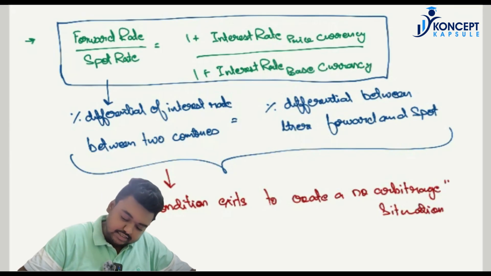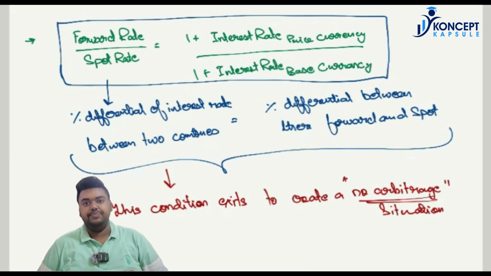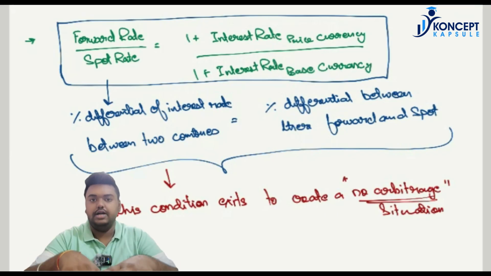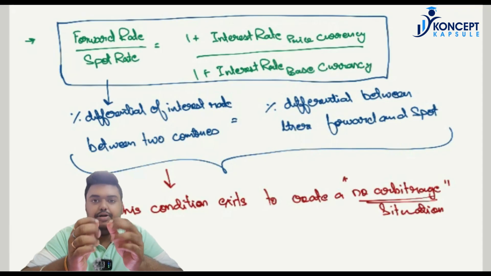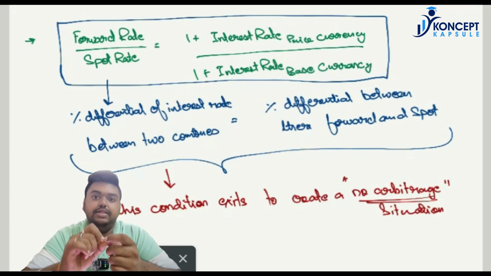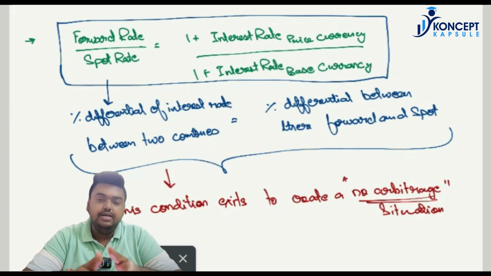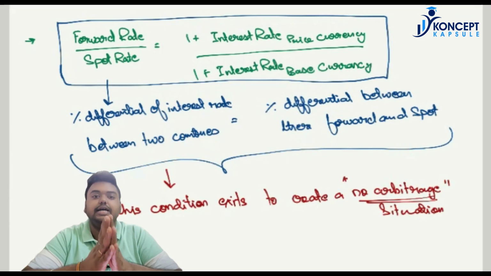No arbitrage is the catch phrase over here. So basically it is saying that when we take two countries, for example India and USA, the differential between their forward and spot is equal to the differential between their interest rate. Since this is equal, there exists no arbitrage situation between the currencies.